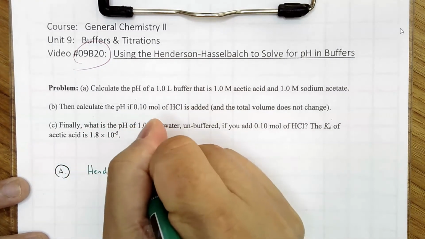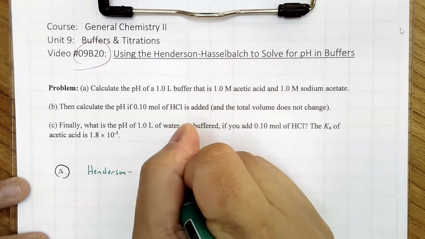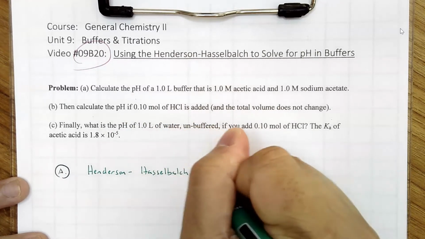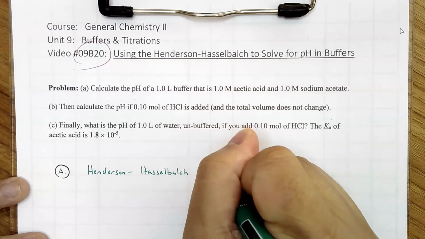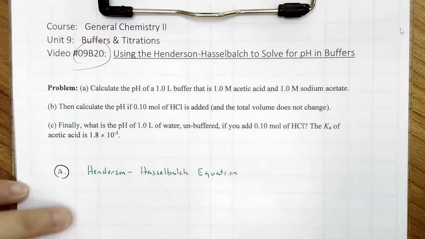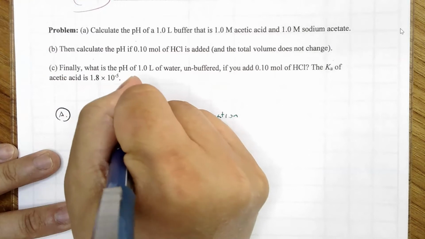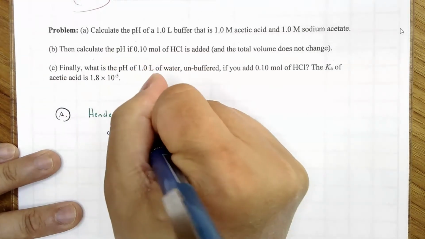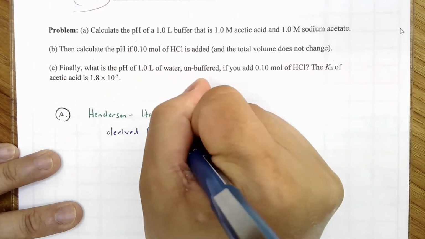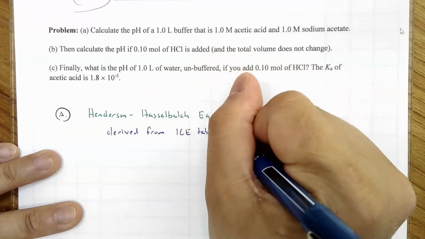Again, it is coming from an ice table, which does use the extra small approximation.